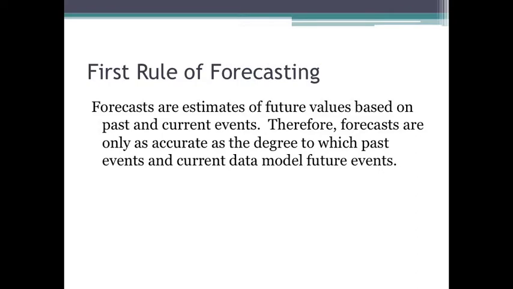An assumption that those past events, those current events, are a reflection of what is going to happen. So, forecasts are only as accurate as the degree to which those past events and current events model future events. So, what does this mean?